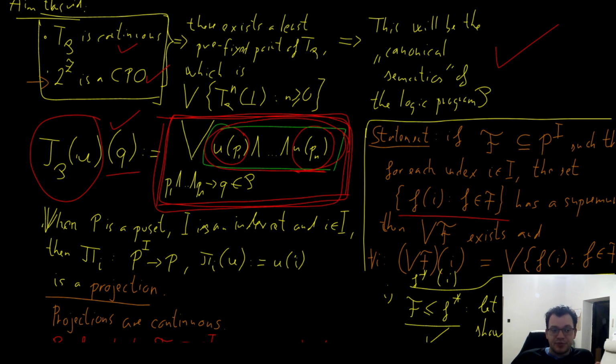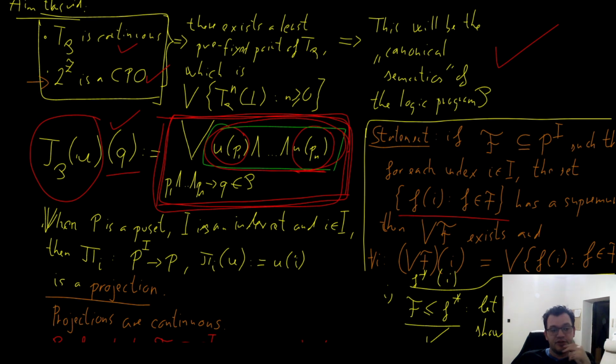A minimal prefixed point is needed, and for the prefixed points, applying the Tarski Fixed Point Theorem, we get that there is exactly one minimal prefixed point. This happens to be a fixed point as well.